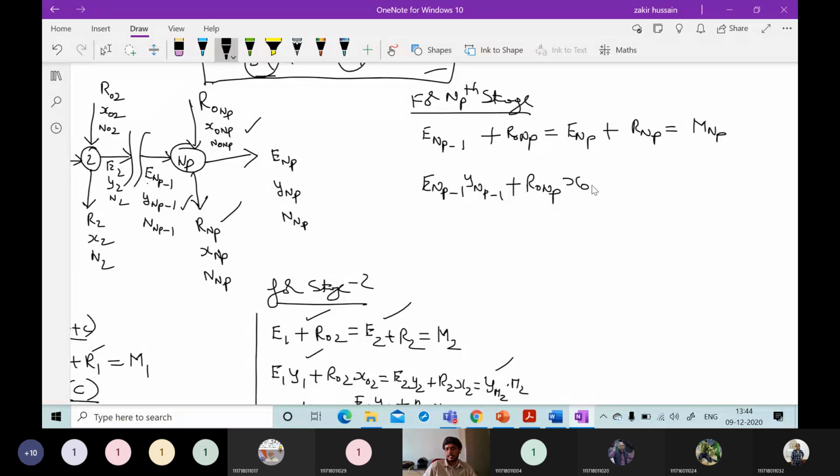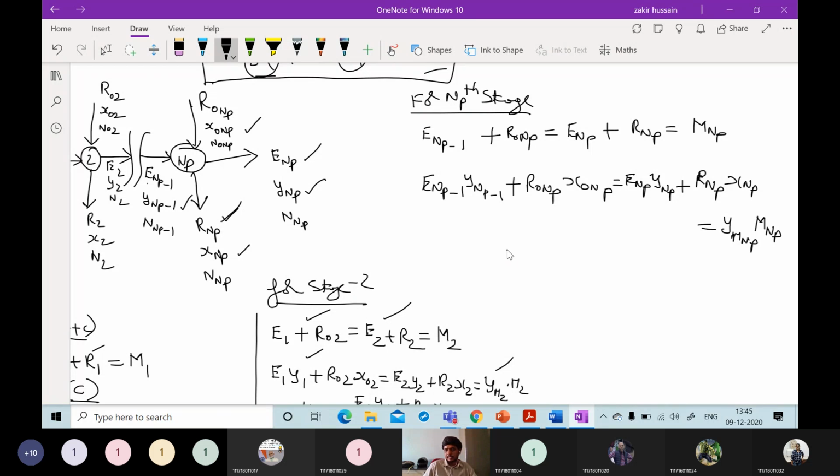This x_naught NP is equal to E_NP into, for the solute, y_NP, plus here this one R_NP into, for the solute, x_NP. This whole equation is equal to y_MNP into M_NP.